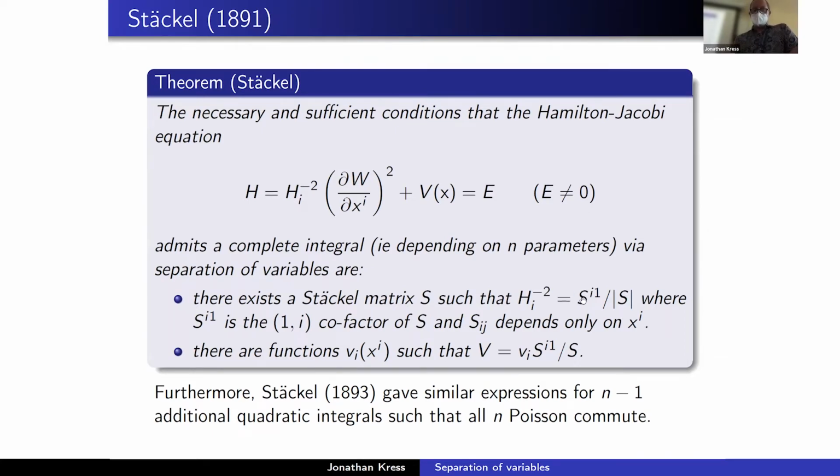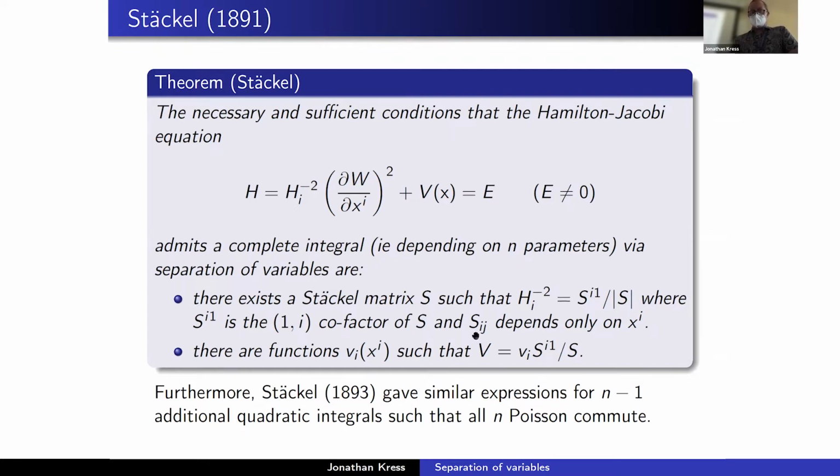And the matrix is S. Si1 is the i1 cofactor. Maybe I got that wrong. It's a cofactor, and they all have the one in it. So it's one column, I think, the one row. So this is a cofactor of S.